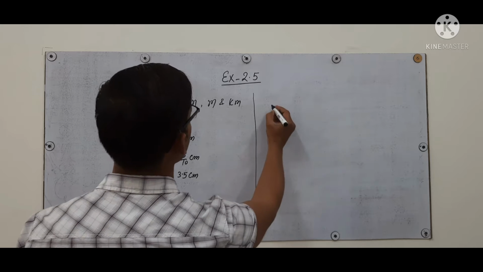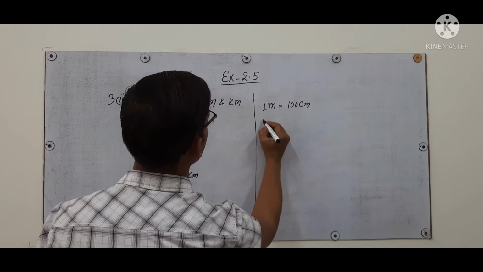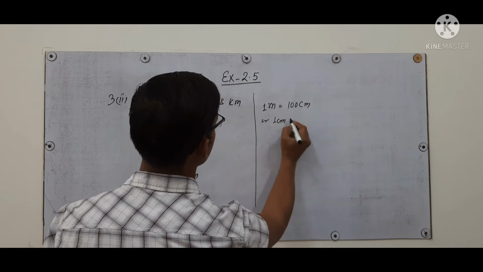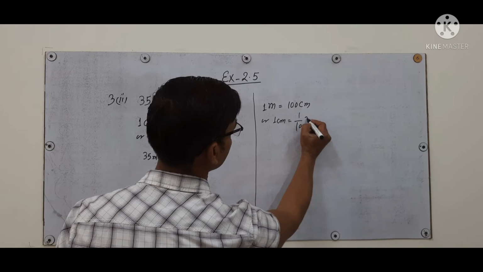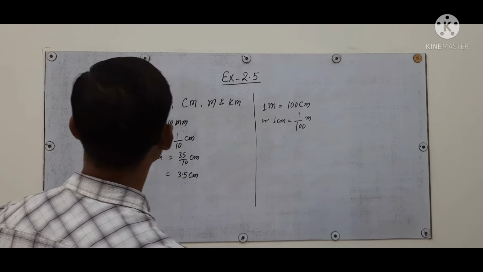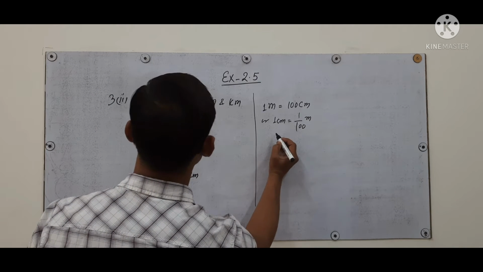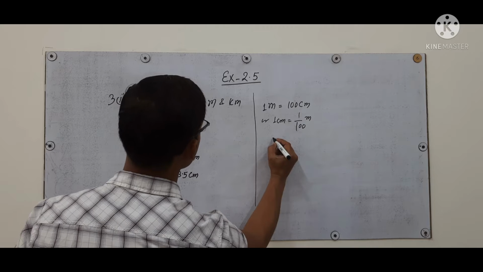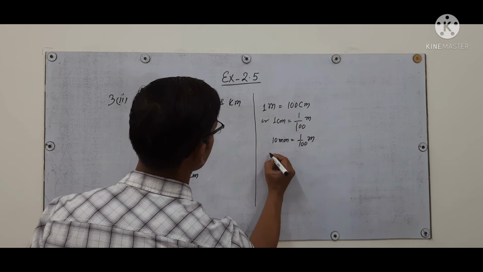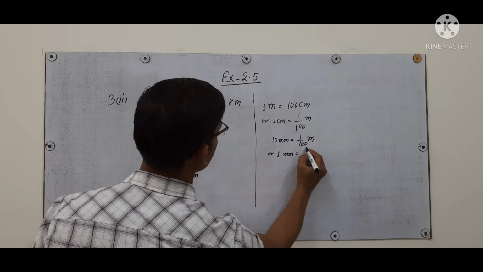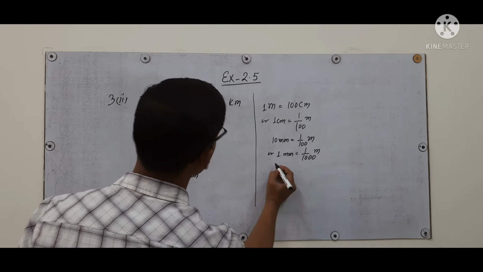So how can we convert it? Yes, correct. 1 meter is equal to 100 centimeters, or we can write it as 1 centimeter is equal to 1 upon 100 meter. And here 1 centimeter is equal to 10 millimeters. So 10 millimeters is equal to 1 upon 100 meter, or 1 millimeter will be 1 upon 1000 meter, and we have to find the value of 35 mm.